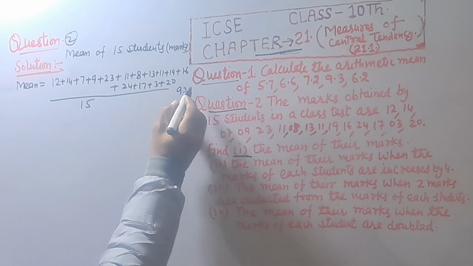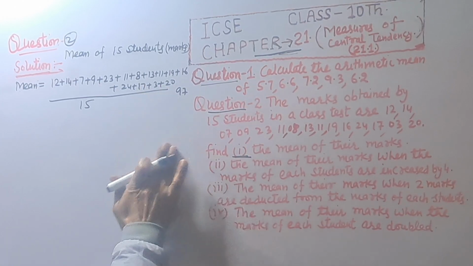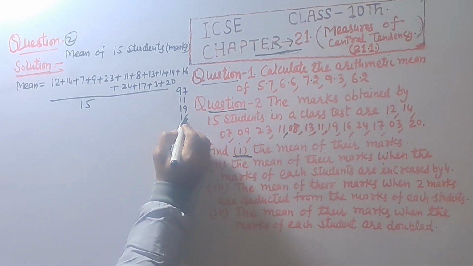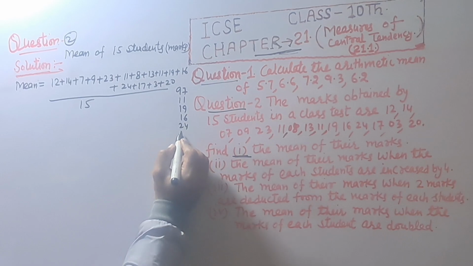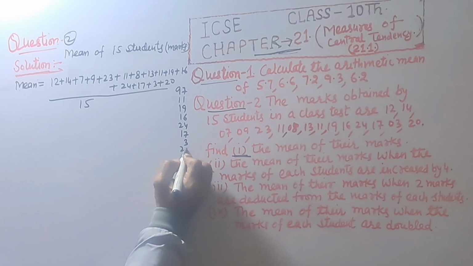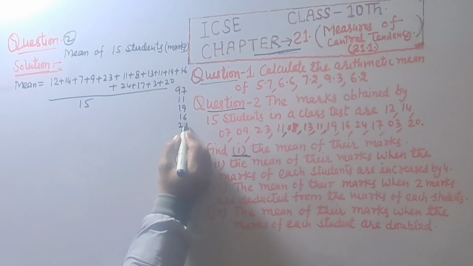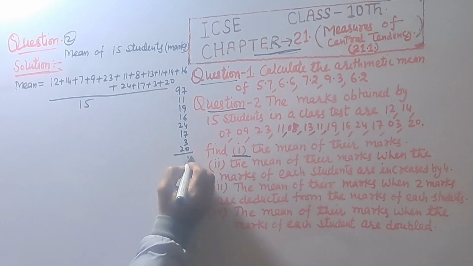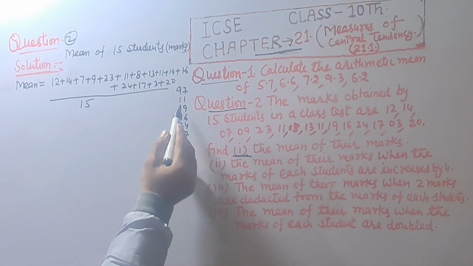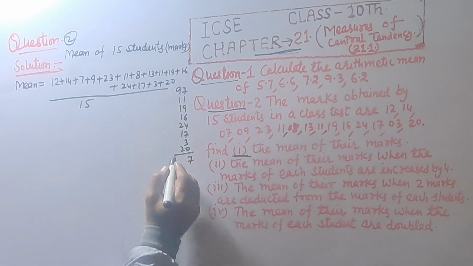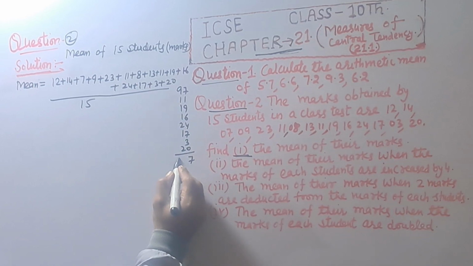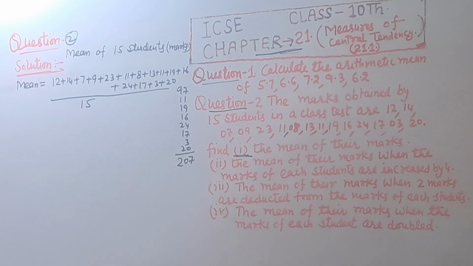So 97 plus 11, 11 plus 19 plus 16 plus 24, 17, 3 and 20. 7 plus 3 is 10, 20, 30, 37. 3 carry, 3 plus 2 is 5, 5 plus 1 is 6, 6 plus 2 is 8, plus 1 is 9, 10, 11. 11 plus 9 is equal to 20.